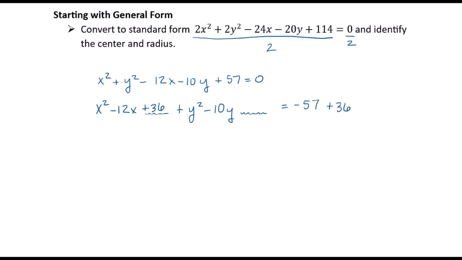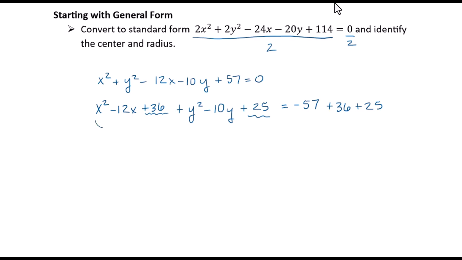Here, I have half of negative 10 is negative 5 and negative 5 squared is 25. Just like we did last time, I add 25 to this side of the equation. I'm going to need to add 25 to that side of the equation to keep it still equal.